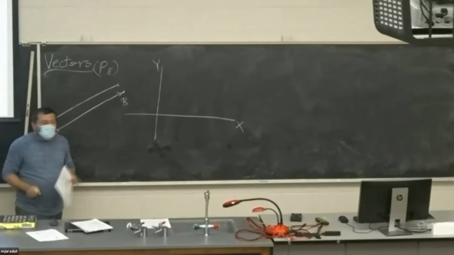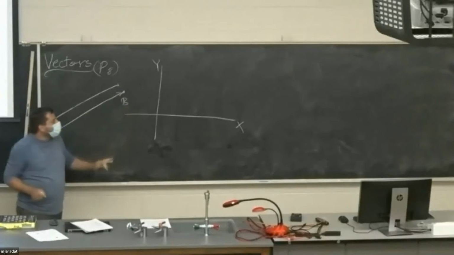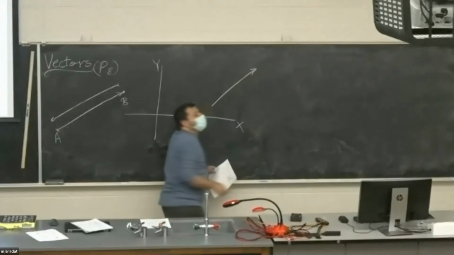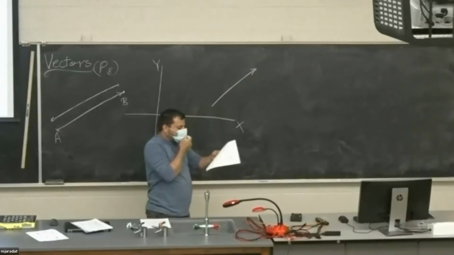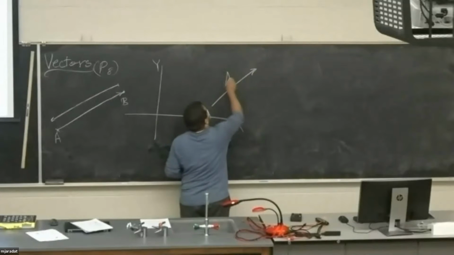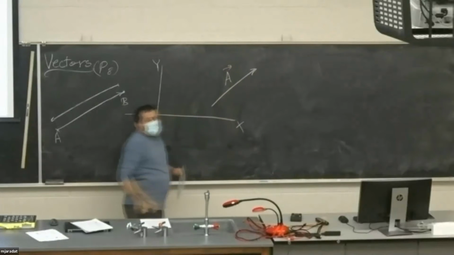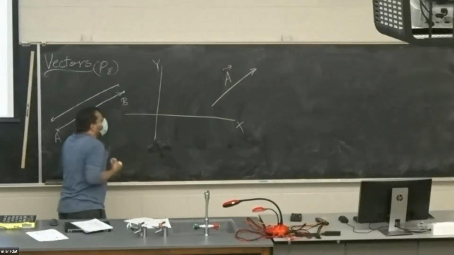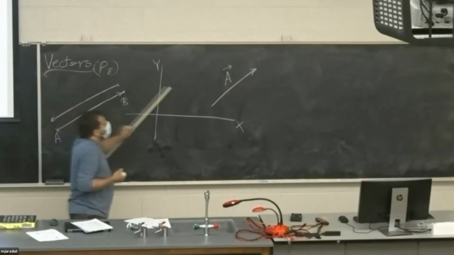To deal with vectors in the XY plane, maybe sometimes we have this vector. You can name this vector as you like. I name it here A. I am free to move this vector anywhere I want.